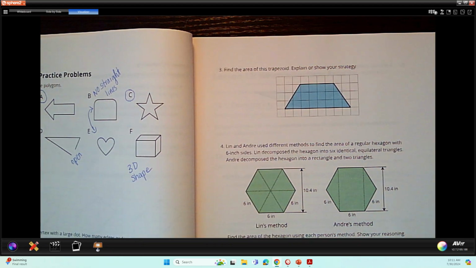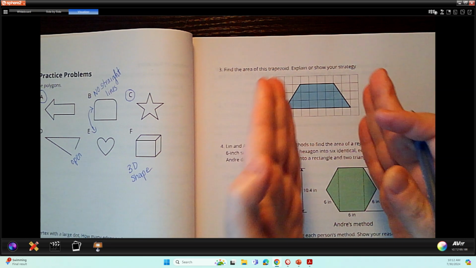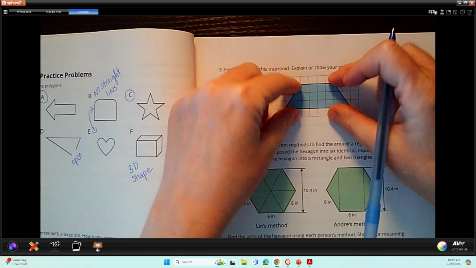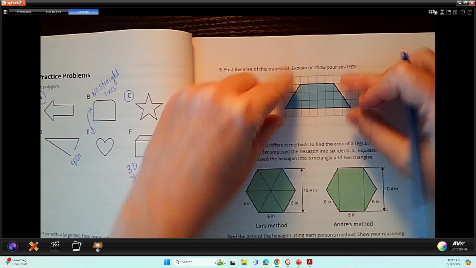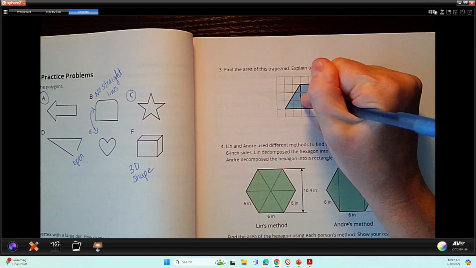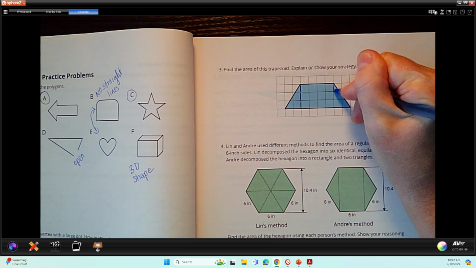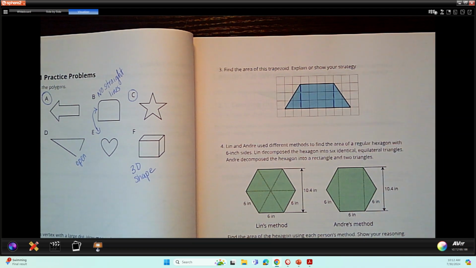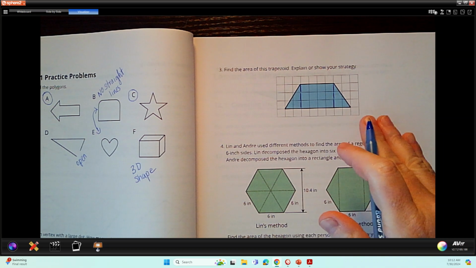So I'm going to just go through one way that I would do this, me personally, because in my mind I can see that there's wings on the side of this shape that I can cut and make two triangles. So I have one here and I have one here. I've just decomposed this into three shapes.